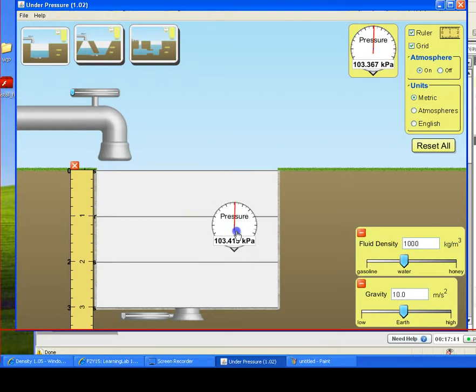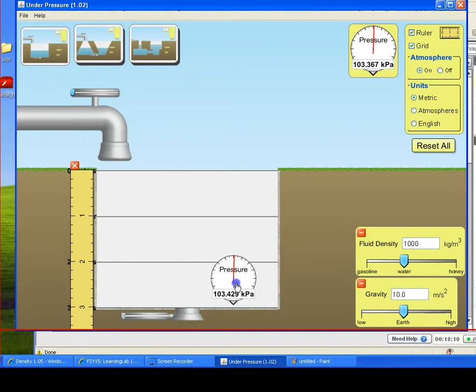Now let's measure the difference between 1 and 2. Here it's 103.405 and there it's 103.418. The difference, 103.418 minus 103.405, is again 0.013. The previous one was 0.012 kilopascals. This time it's 0.013 kilopascals.